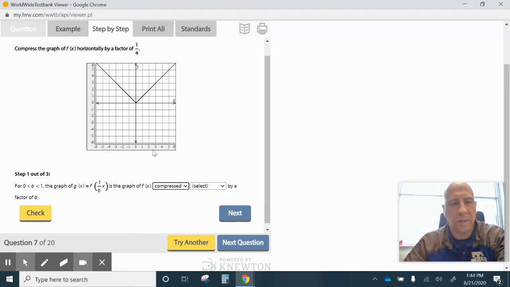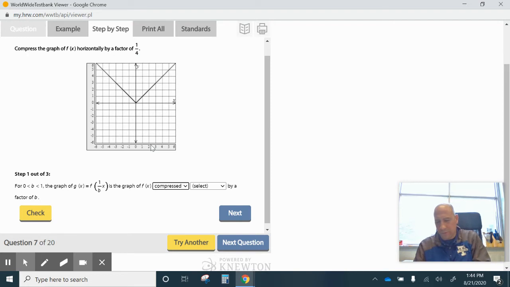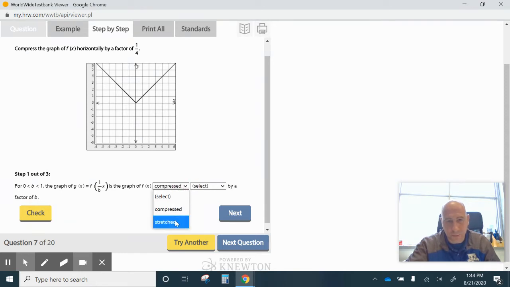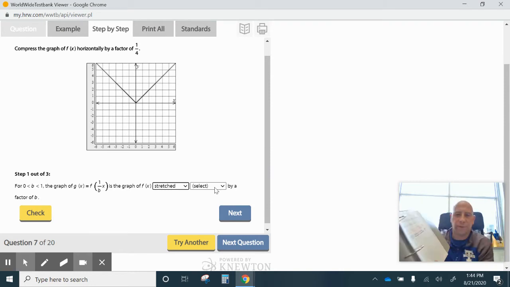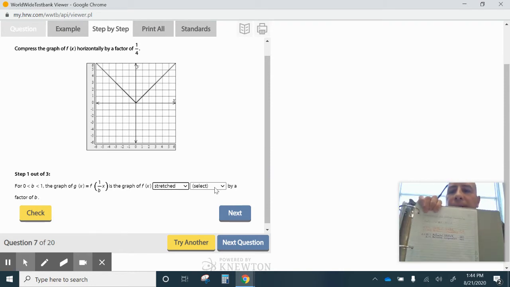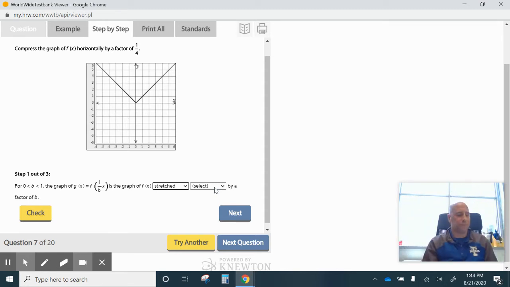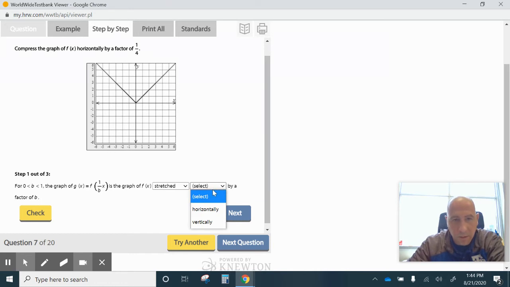Actually, let me look at my notes. I'm going to page 10 in my journal page to double check. That's actually a stretch. Okay, and I went to this page right here. If I can get that. There you go. So you can check your notes. That's how I got that part. Okay. All right. Now, and that's a stretch horizontally.